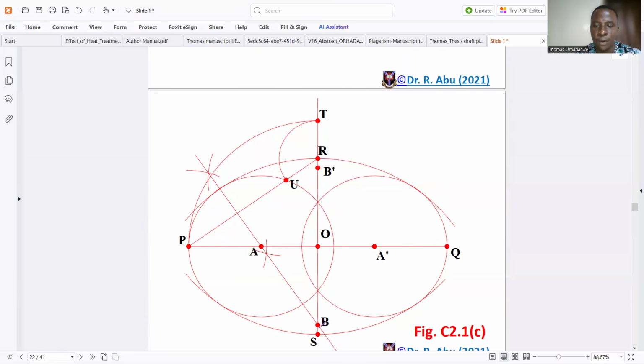The same thing from B, open your compass to R, and with B as center, draw another arc to touch the two circles at the top.